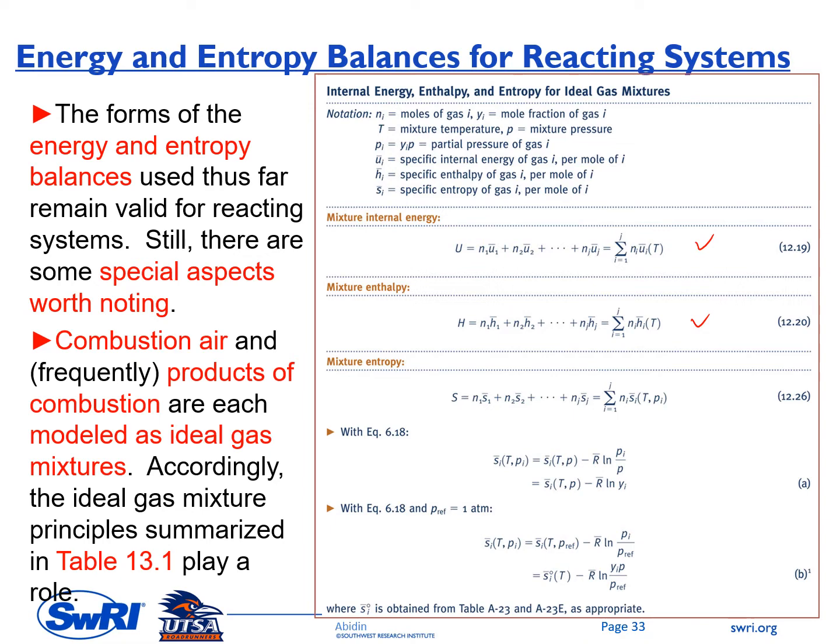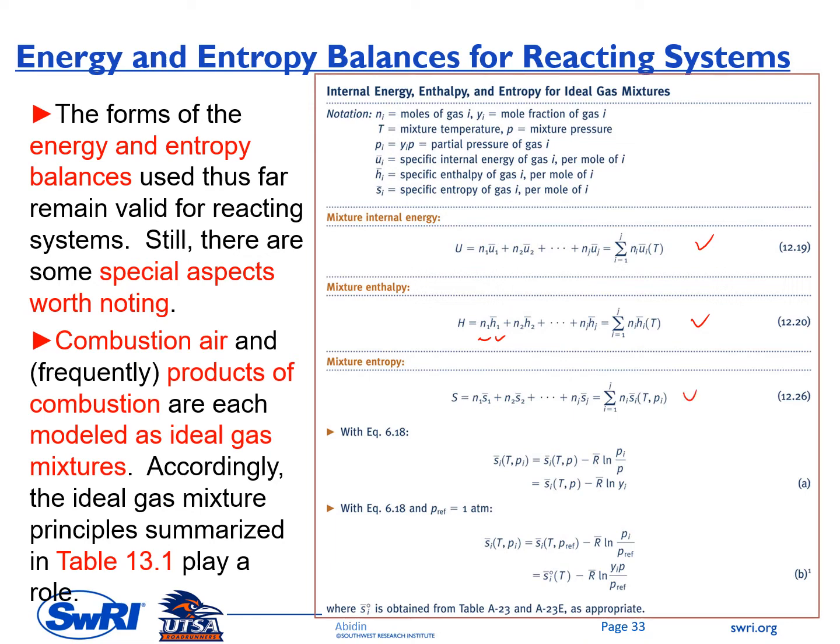So this is once again the sum of the enthalpy from each component composing the mixture. So we have n_1 here times h-bar_1, so it means this is the specific enthalpy per mole of component 1 or gas 1, and so on. And then because this is ideal gas, the specific enthalpy and specific internal energy are a function of temperature only.